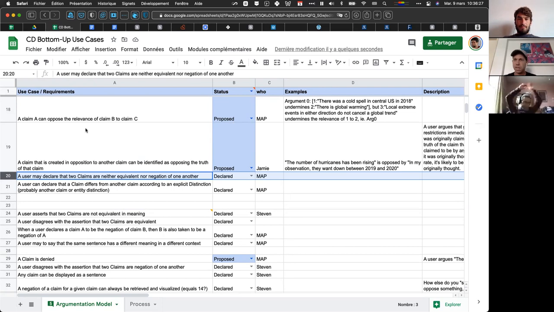No, it's about removing undefinedness. Yeah, it can be an argument. This is where I'm saying right. But it's an argument to the claim. Those two things are neither equivalent nor negations of one another. It is actually just a claim, right? In terms of modeling it, a user can make a claim. We already have that.